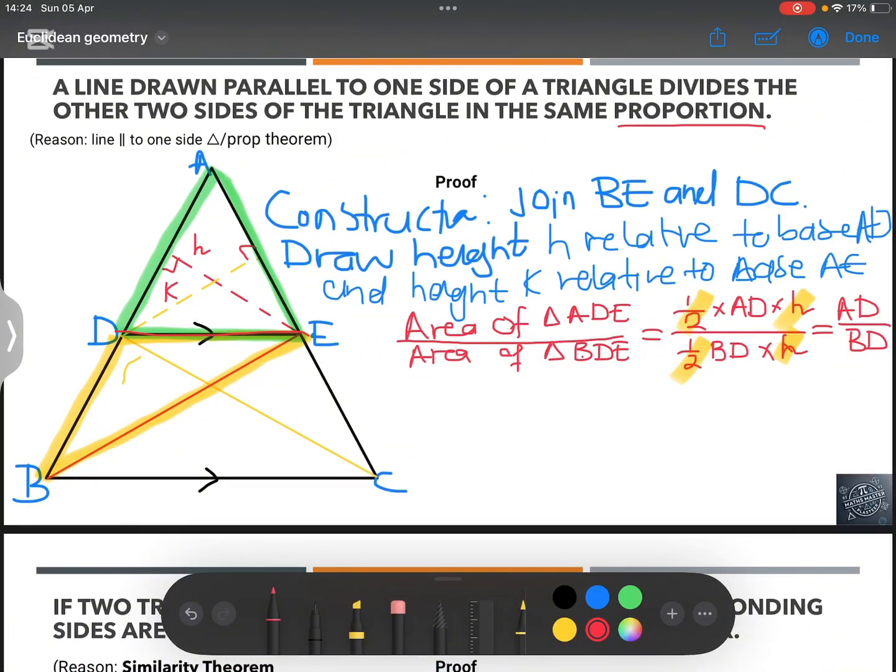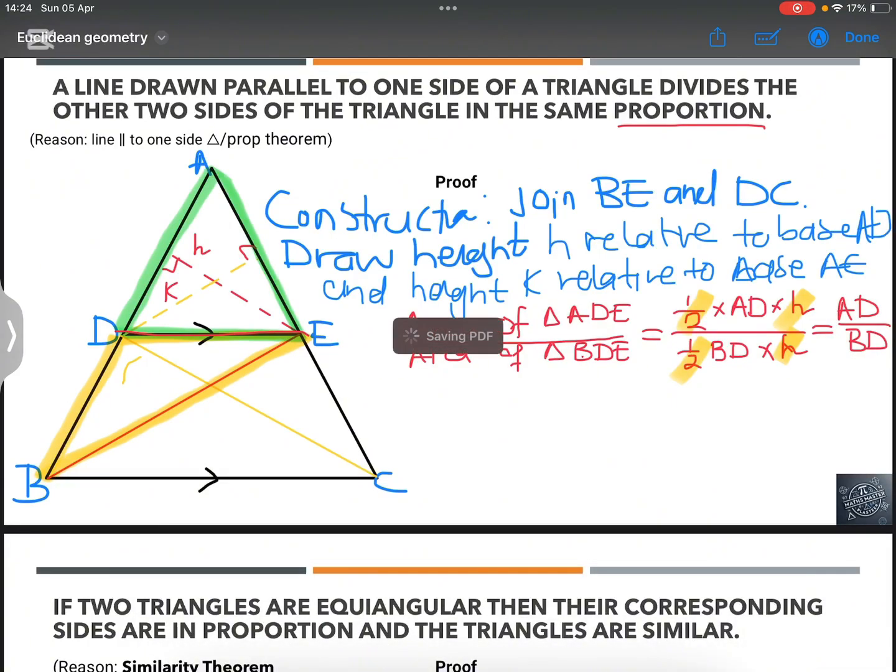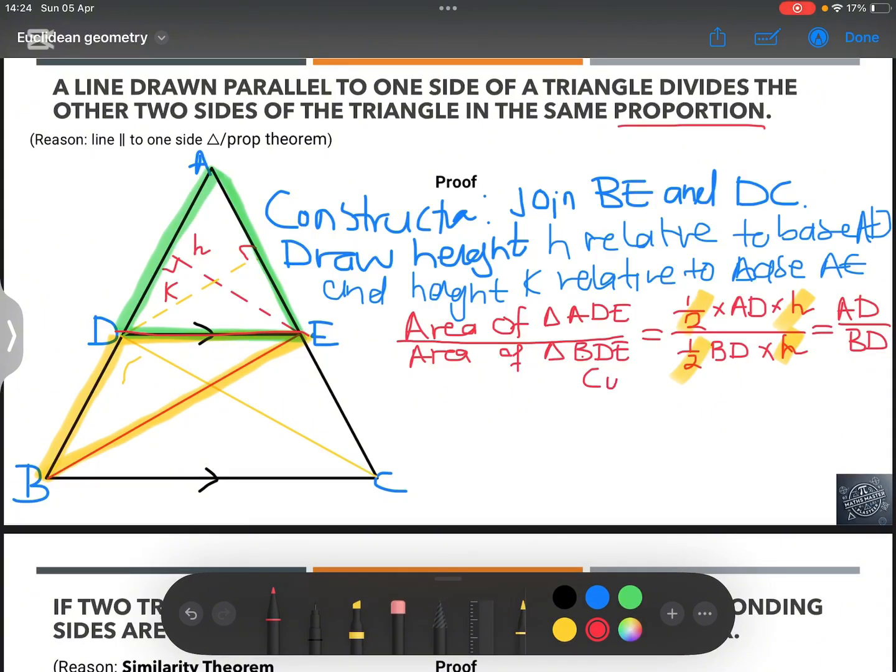Then you can use the common vertex, or they have the same height. So the reason can be the common vertex E. Now let's look at the other side of this triangle. We're going to look at the area again.